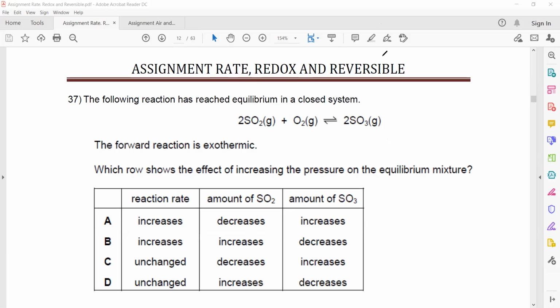Then what happened? You have a total of 3 moles of reactant and 2 moles of product. So where does the equilibrium shift? When you increase the pressure, equilibrium is shifted towards the right hand side. So the amount of sulfur dioxide will decrease and the amount of sulfur trioxide will increase. So A is the right answer for this.